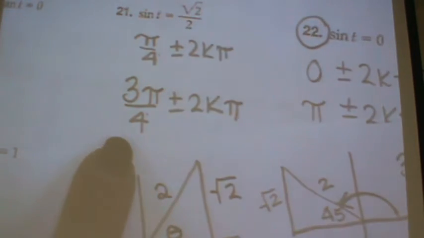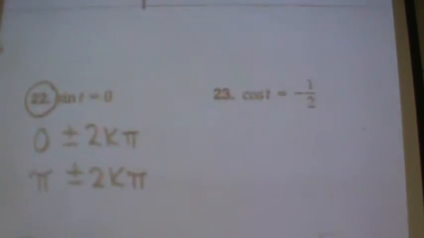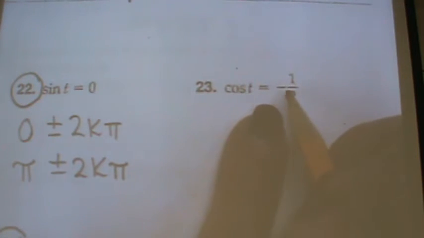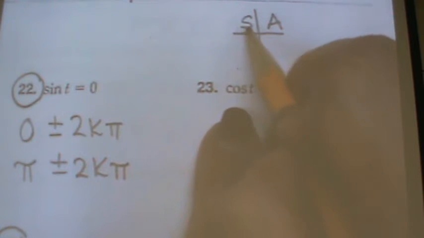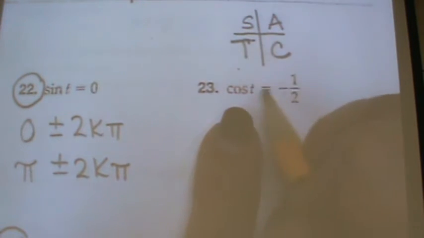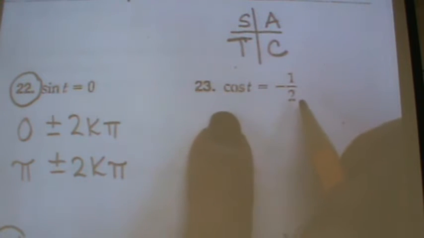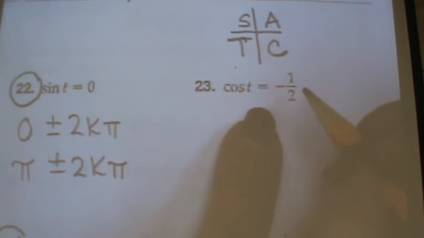Okay? Let's try another one. Cosine. Now, it's negative. Ignore the negative for a second. In what two quadrants is the cosine ratio negative? 3 and 4.